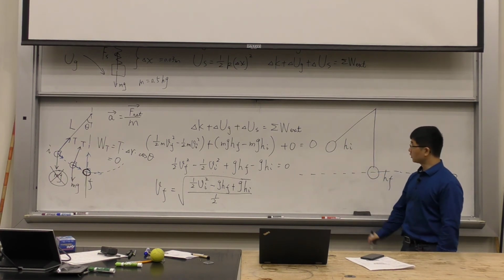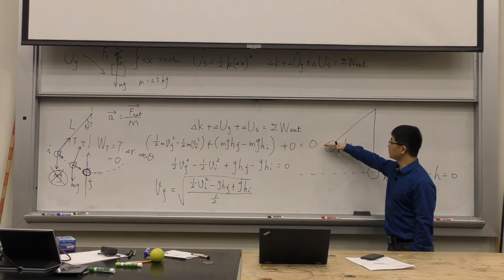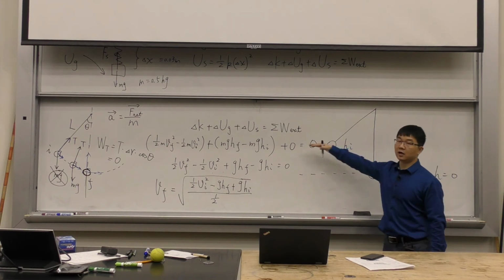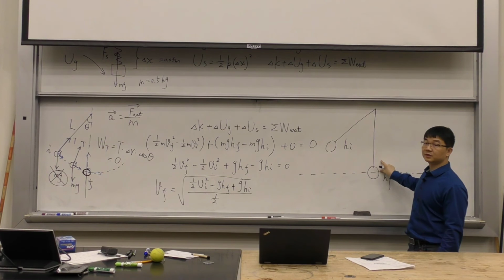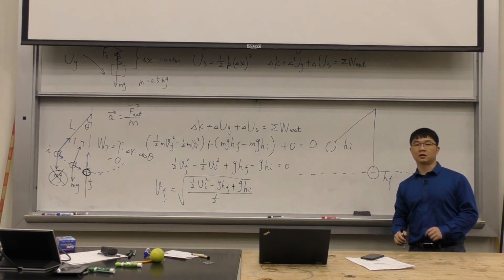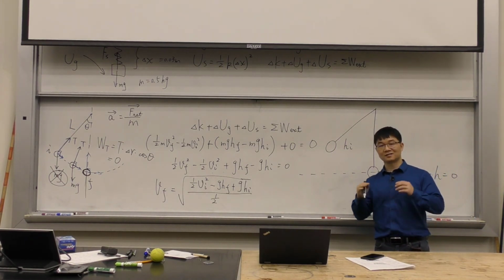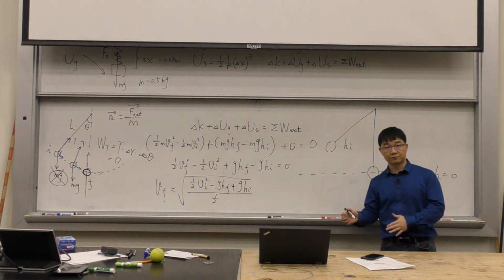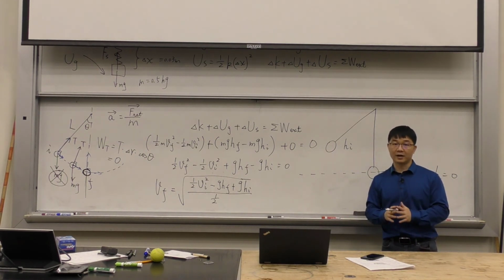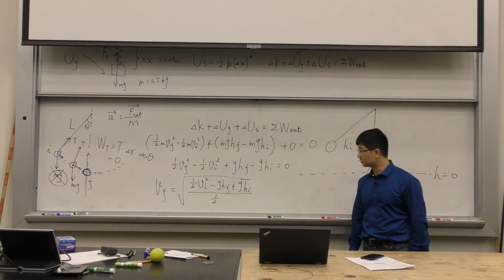Or if you want, you can make the initial height your 0 reference. This is where I set up my coordinate system. Then this guy is just going to be negative, right? Just make sure that you get the signs right, okay? If you pick a 0 reference, you will always get the right answer. Just use the right signs.